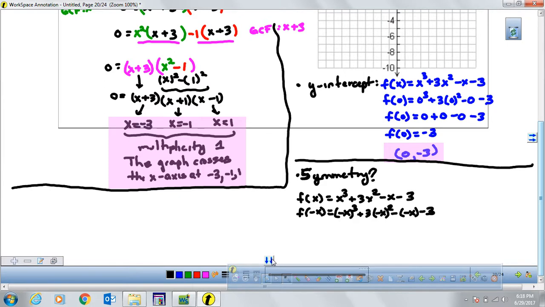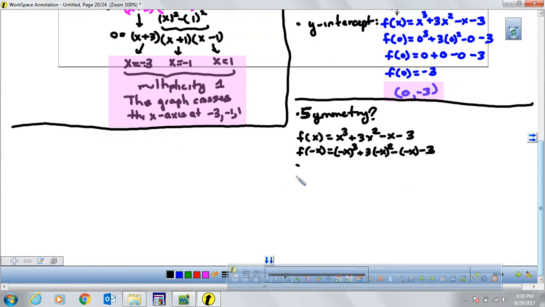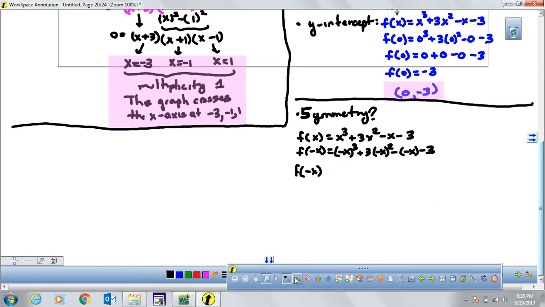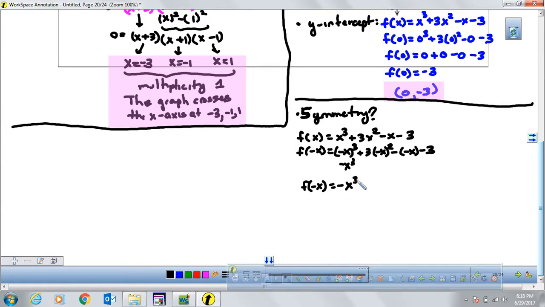Let's go ahead and evaluate. If I raise the -x to the third power, it's going to give me -x cubed. So my first term is going to be -x cubed. If I raise the -x to the second, it's going to be +x squared, times 3 is +3x squared. Negative times -x is going to be +x, and then the -3.